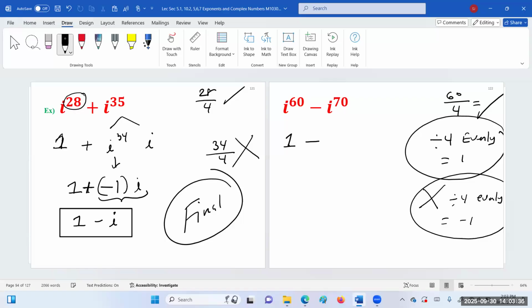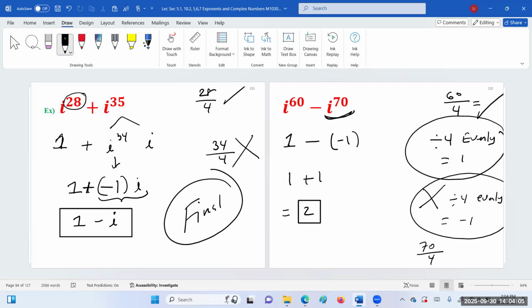And then 70. Can you divide 70 by 4? No. So what's the answer for i to the 70? Negative 1. There's no i because we don't have any odd power. Both of them are even. So you have 1 plus 1, which is 2.